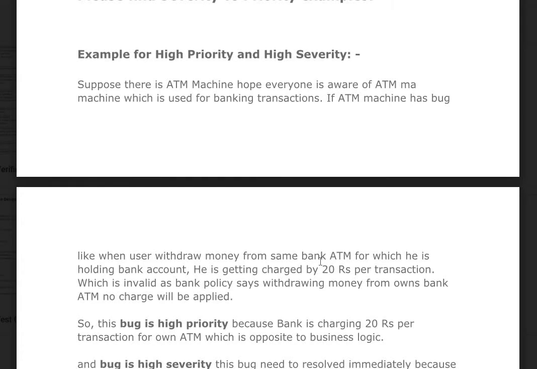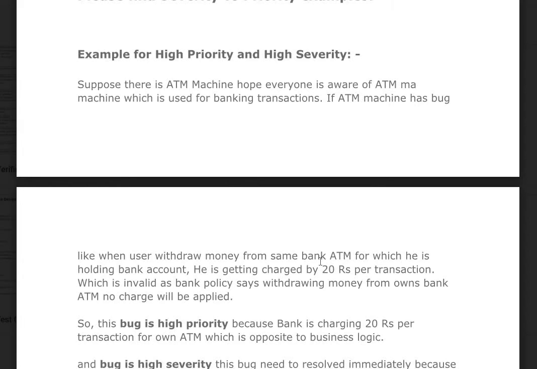Whenever a user tries to withdraw money from the same bank's ATM for which he holds the bank account, he is getting charged ₹20 per transaction, which is invalid as per the bank policy. How is that invalid? Because if you are a customer of the same bank and you are making a transaction with the same bank's ATM, it should not charge any amount.